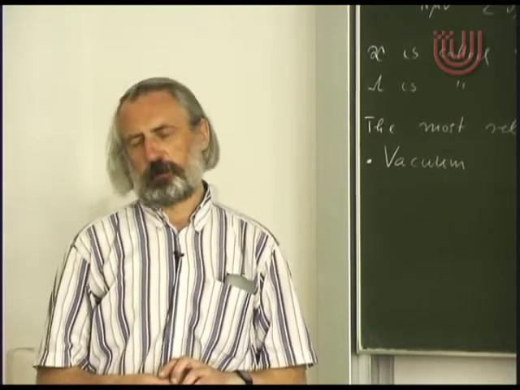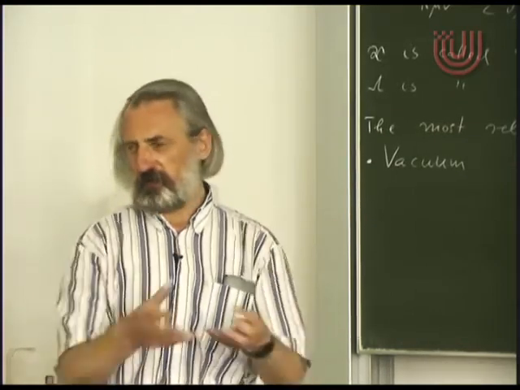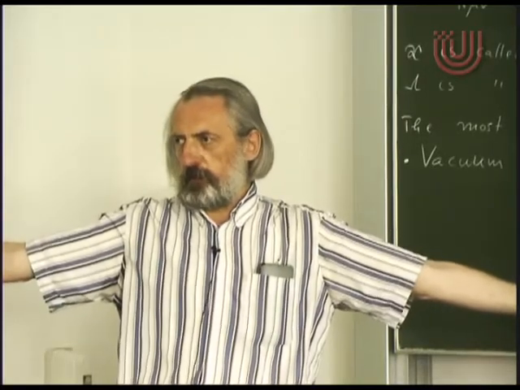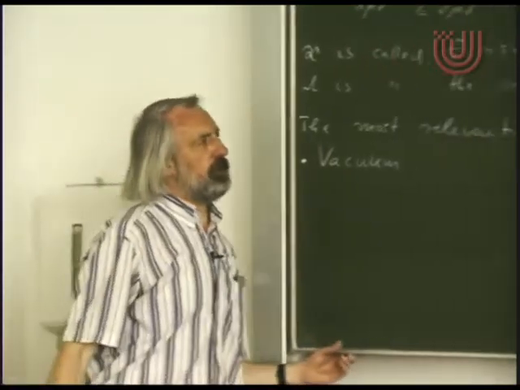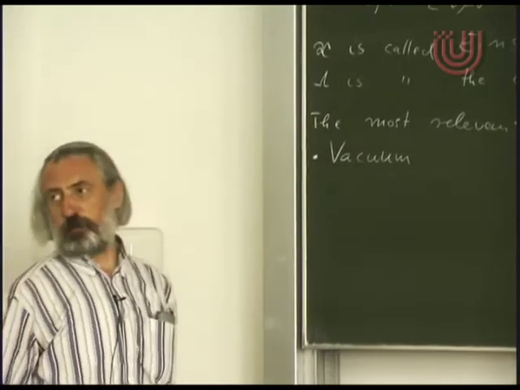It's certainly not a good idea to use this for the interior of the star. So you have some matter, which should be described by a non-vanishing energy momentum tensor. But the exterior of the star, there's no matter. If you want to describe the space which surrounds the star, you have vacuum to a very, very good approximation. So that's actually the most important example to which this applies, the exterior of a star.